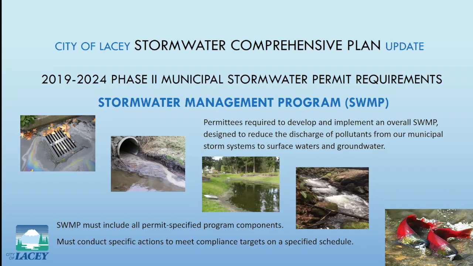The SWMP also has to include all of the permit specified program components, which we'll talk about in a moment. And permittees are required to conduct specific actions on a specific schedule, which is also stipulated.